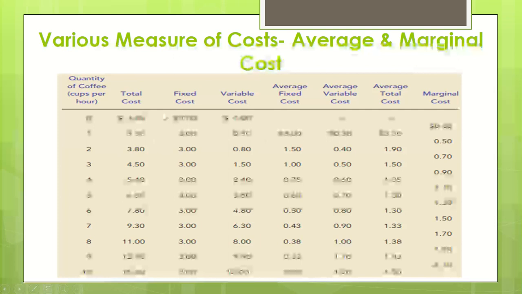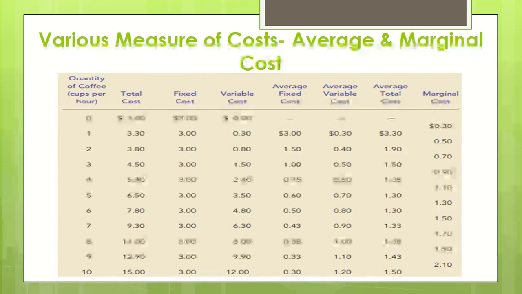So if you look at the table, there is column 1, that is the quantity. It measures the quantity of coffee cups per hour. And column 2 is about total cost, that comes by adding fixed cost and variable cost. That means total cost comes up by adding column number 3 and column number 4. Get it?